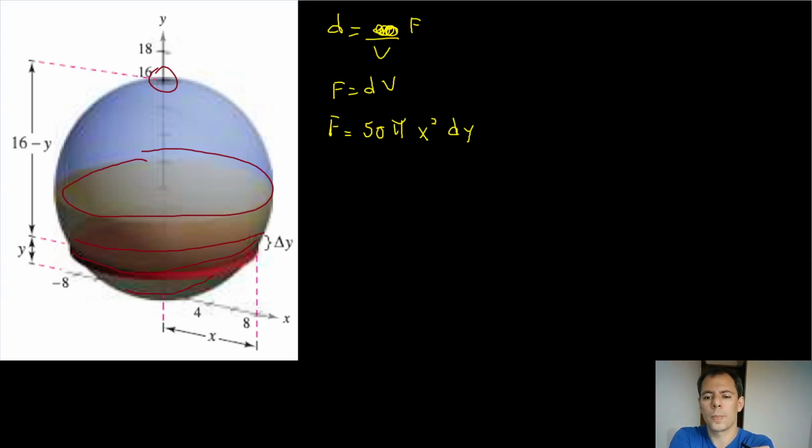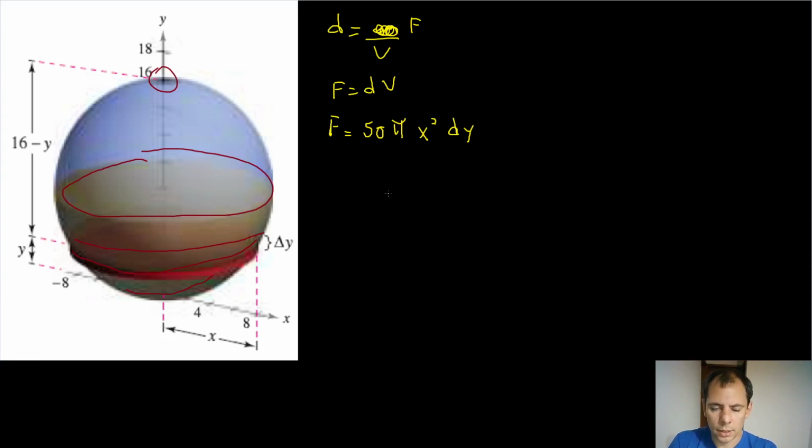We're going to talk about a radius. Okay, a circle of radius 8 and center at 0 and 8. It's going to be this circle right here.